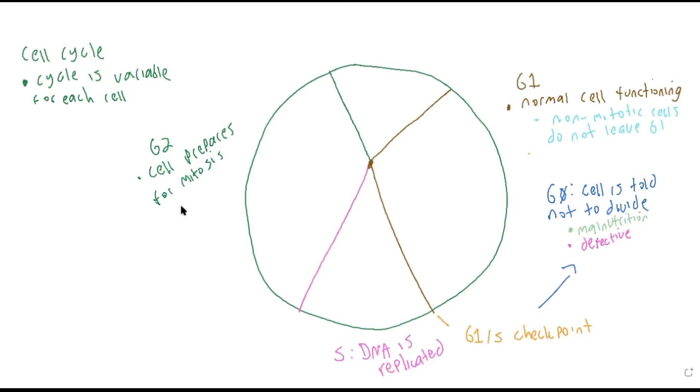So the cell makes all the preparatory things to prepare for mitosis. And then finally, mitosis, which actually only lasts a very short time. Mitosis is called the M phase or mitosis. And this is the series of cell division.